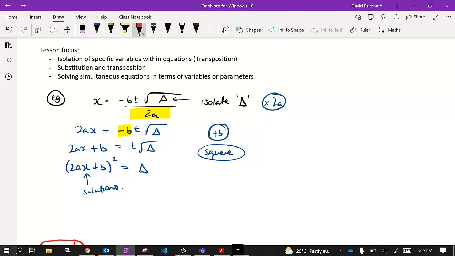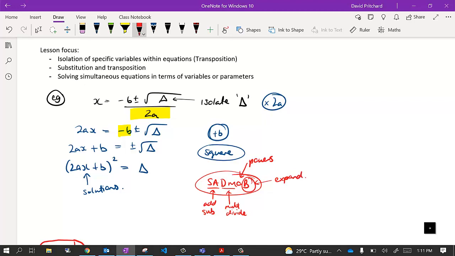You probably should be thinking that we're reversing operations, so we're using the opposite of BOMDAS. So in every step, we think SAD MOB. That means that first of all, we deal with any add or subtract. We deal with any multiply or divide. And then we deal with any powers. And brackets is a weird one because usually we just expand them out to deal with them at the start. So in every step, it was about making that decision.